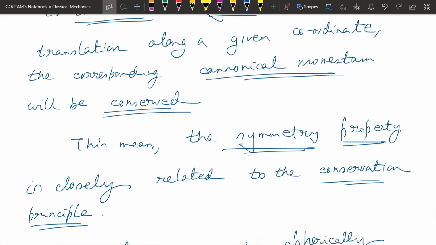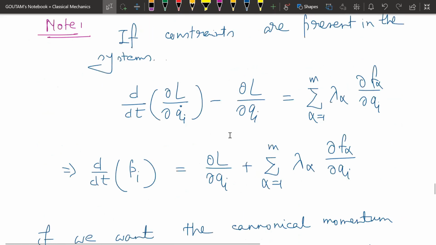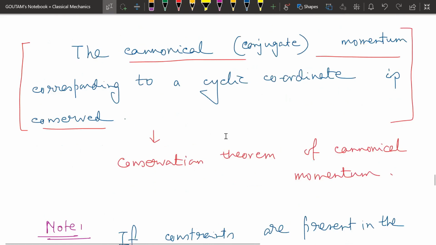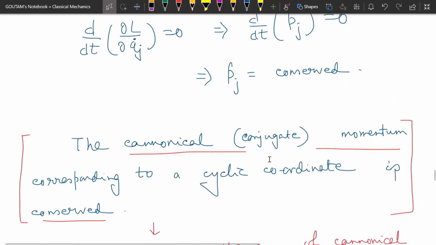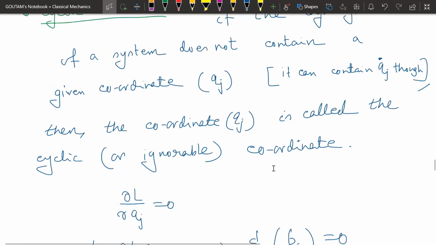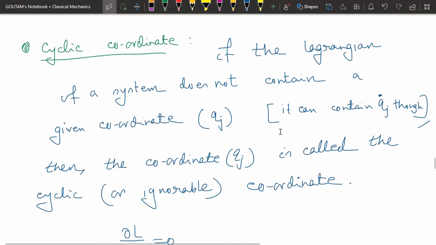So if, under the translation of a coordinate, the system is invariant, then the corresponding momentum is conserved. As a result, we can ignore that coordinate in our Lagrange's equations of motion. That's the meaning of a cyclic or ignorable coordinate.